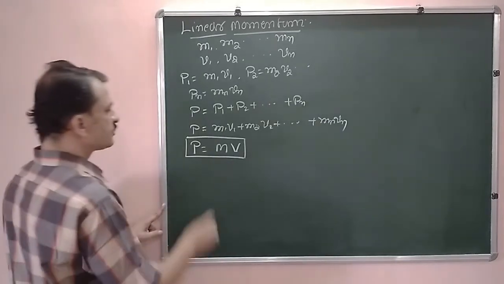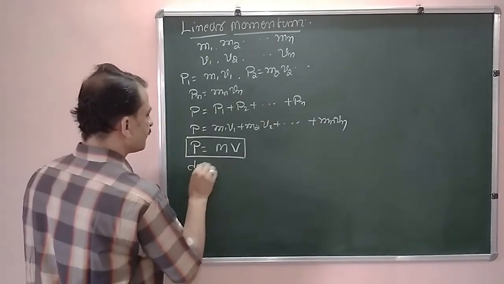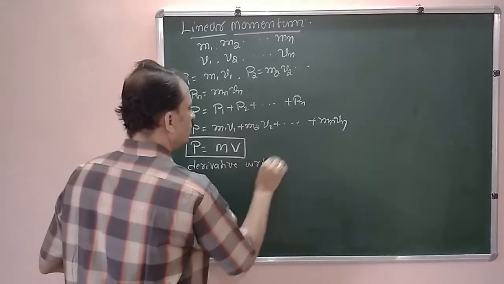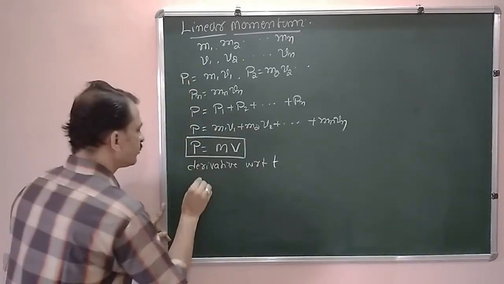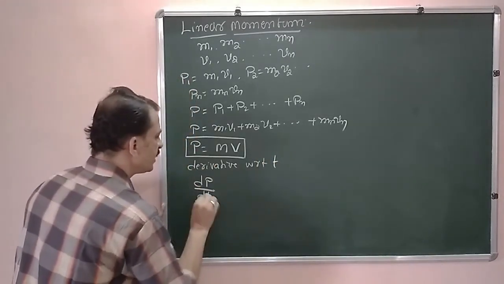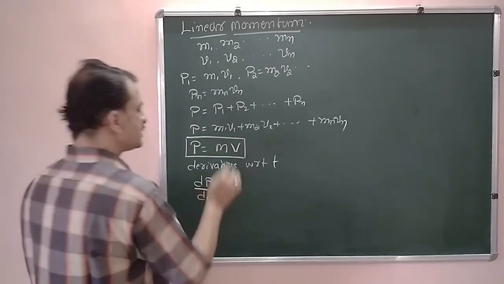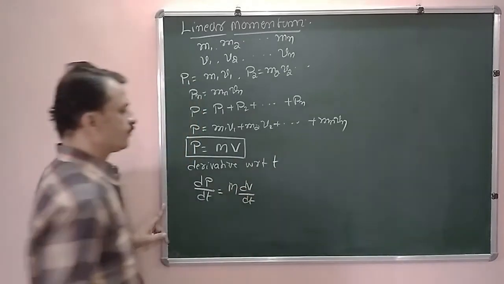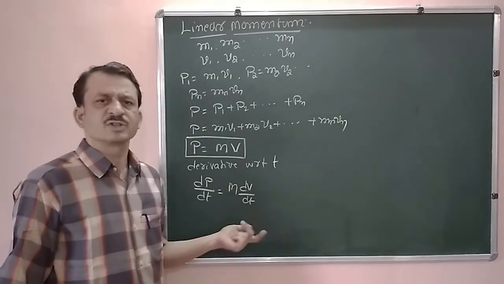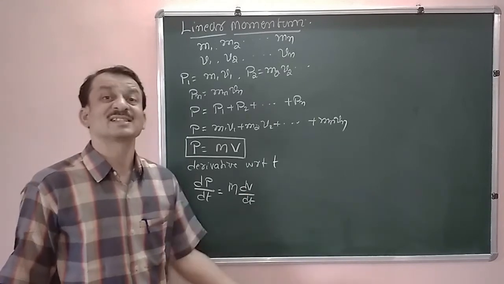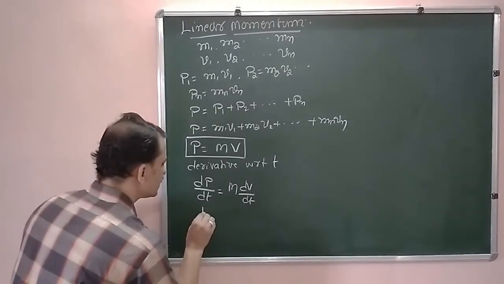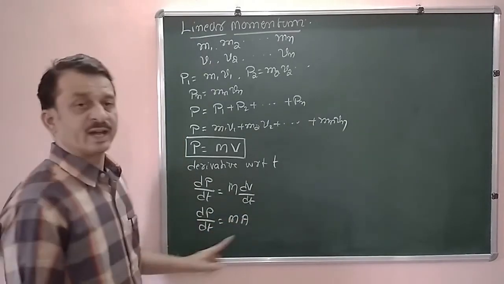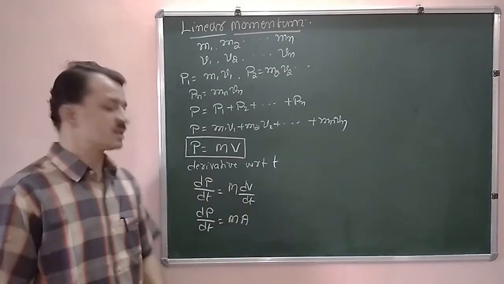If we take the derivative with respect to time, since M is a constant, we get dp by dt equal to M dV by dt. Now dV by dt is the rate of change of velocity, which is the acceleration of the center of mass, so it equals M into a.